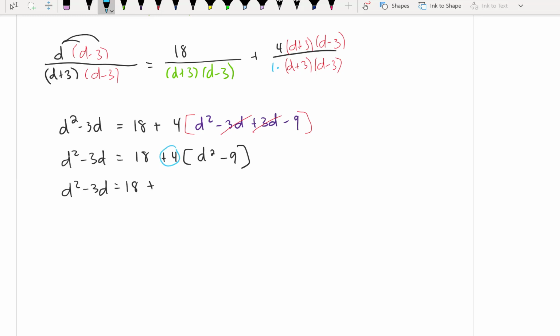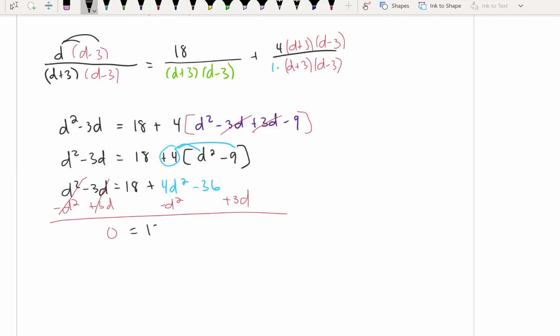So I'm going to distribute that positive 4. So I have a 4d squared, and 4 times negative 9 is going to give me a negative 36. So from here, I'm going to subtract a d squared from both sides, and I'm going to add 3d to both sides as well. So everything can cancel here.